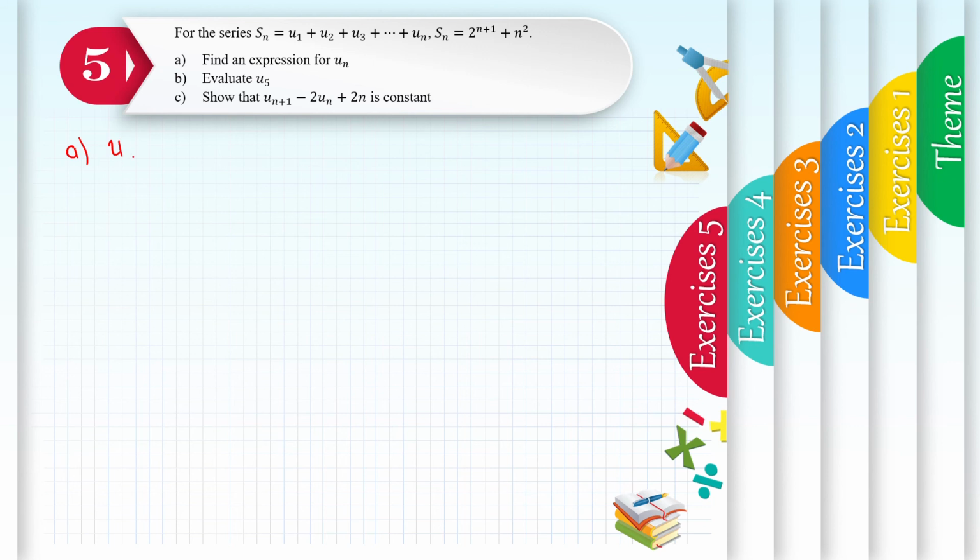For finding an expression for un, you have to know how to find this expression if you have the series Sn equals u1 plus u2 plus so on plus un.